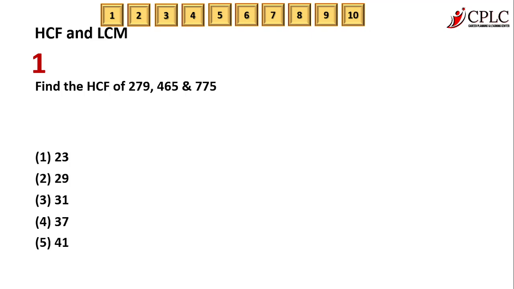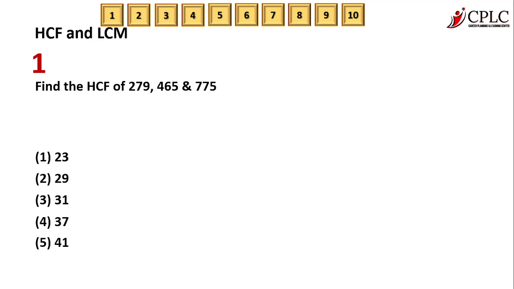So we have to find the HCF of 279, 465 and 775, for example. And how do we do that? The easiest and simplest way would be either factorization or the division method.